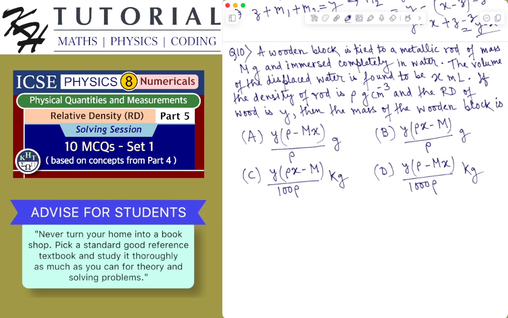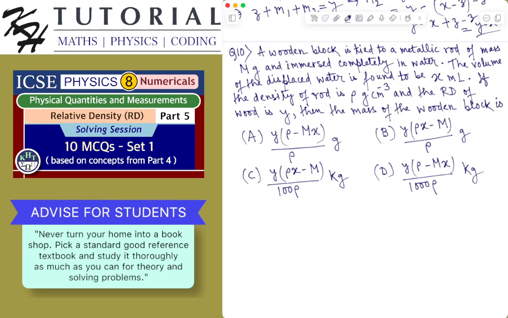If the density of the rod is rho gram per centimeter cube and the relative density of wood is y, then the mass of the wooden block is? So we have a wooden block tied to a metallic rod.